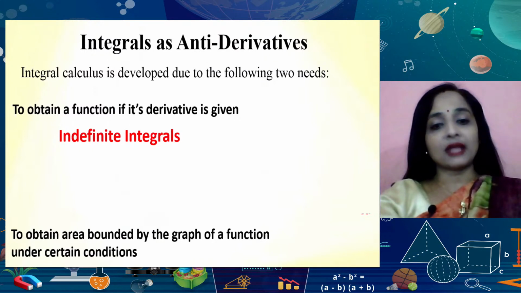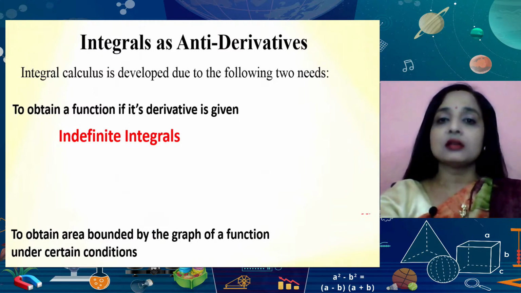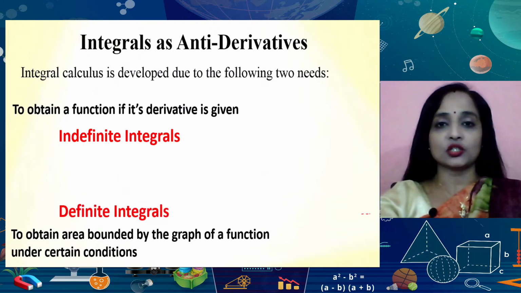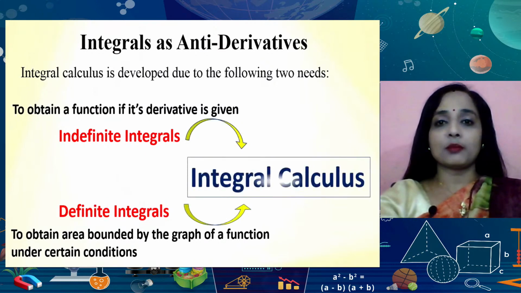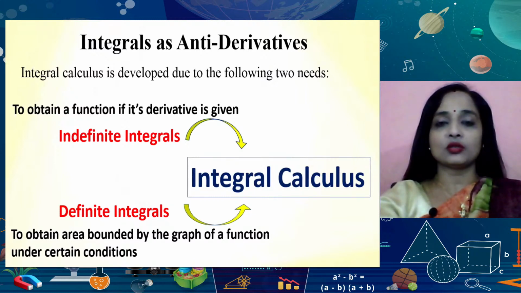Second, to obtain the area bounded by the graph of a function under certain conditions. That type of integration is known as definite integration, or definite integrals. Both these integrals combine and we get integral calculus. So in today's session, we are going to learn the very basics of integration for integral calculus.